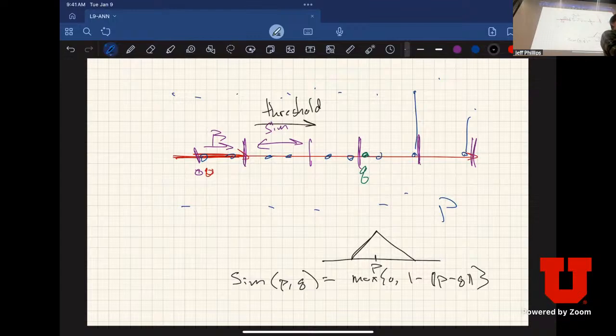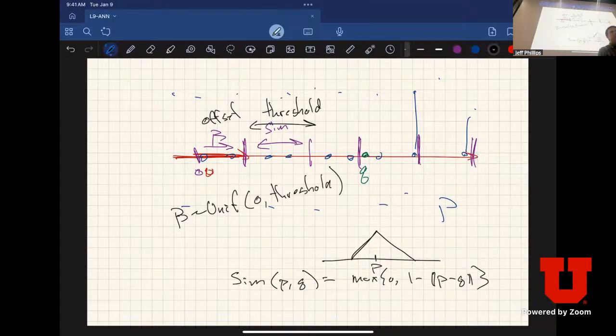That is the distance between the bins, and then there's some offset, and this beta is uniform between 0 and the threshold.